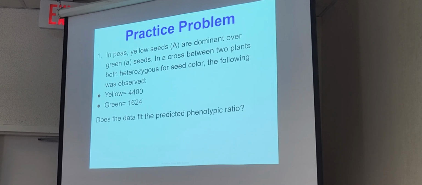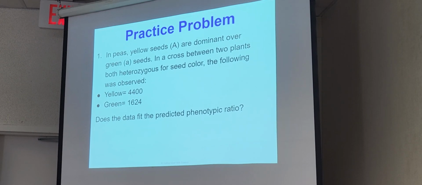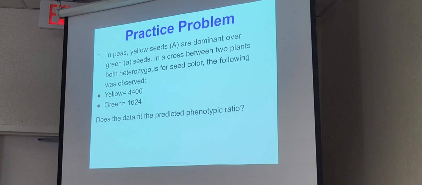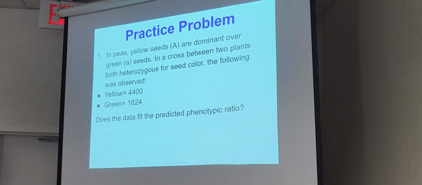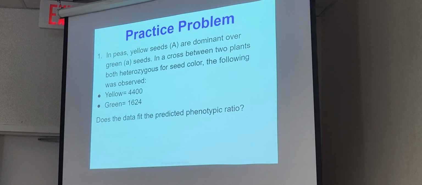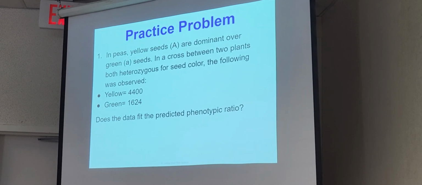Okay, so observed minus expected. So here we have 4400 minus 4518, and we have 1624 minus 1506. What do we get then? Negative 118. What do we get here? 118.